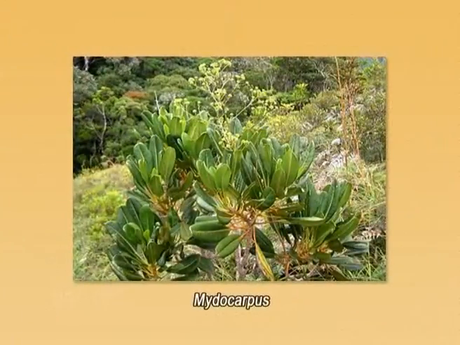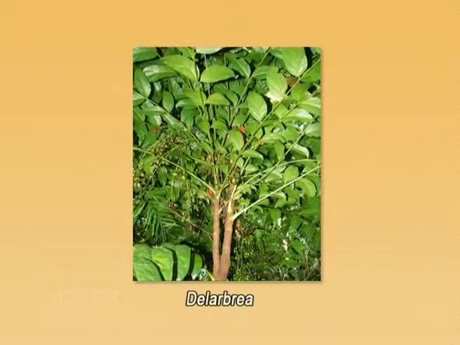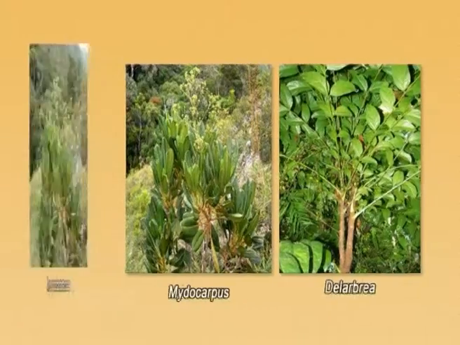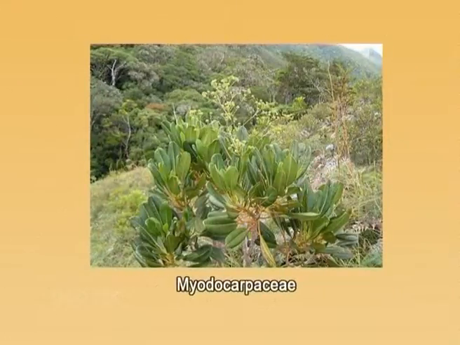Although the members of Apiaceae and Araliaceae differ from each other as I have just mentioned, there are some genera which are in between these two families. These genera are Myodocarpus and Delarbrea. That's why their taxonomy has always been problematic. These two genera are sometimes placed under a separate family, Myodocarpaceae.